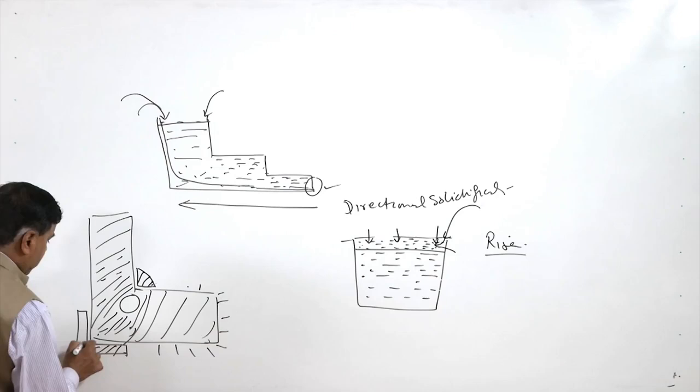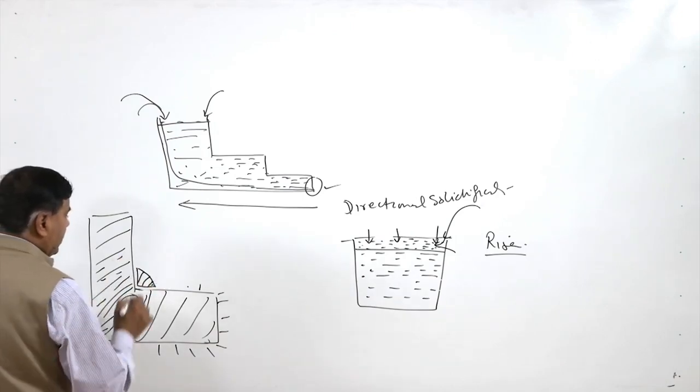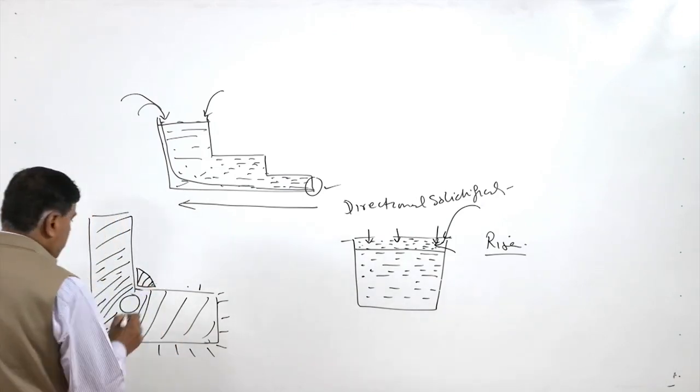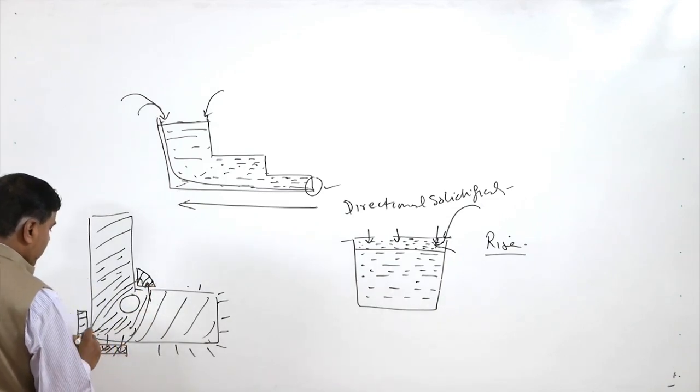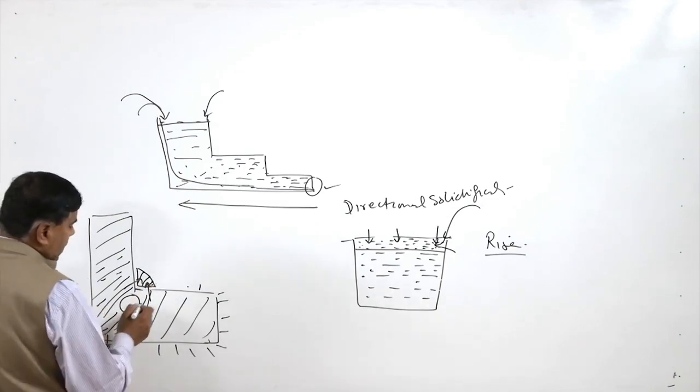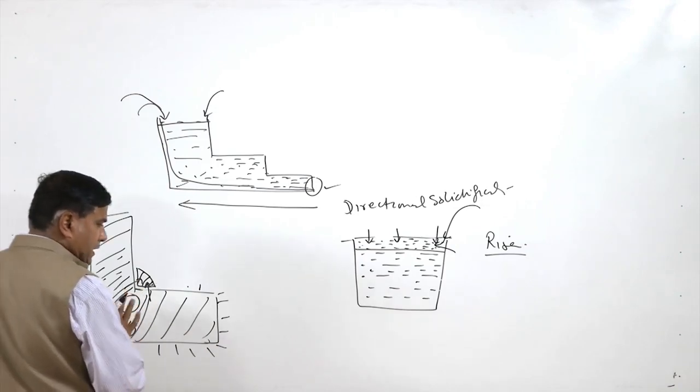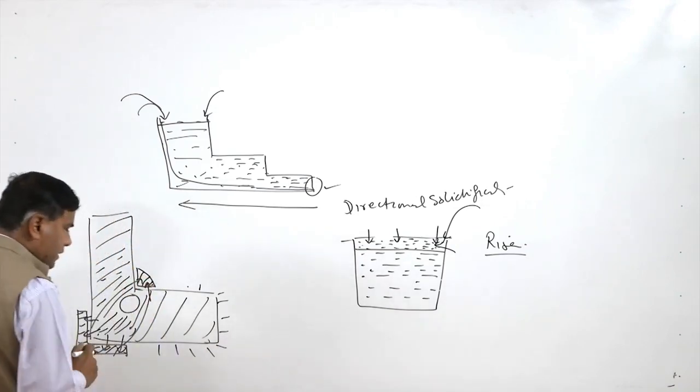This metallic piece can help to extract the heat at a much faster rate. So, these pieces will be kept in the mold wall, and heat will be extracted by these metallic pieces at a much faster rate, ensuring that the cooling rate from this region is much faster.